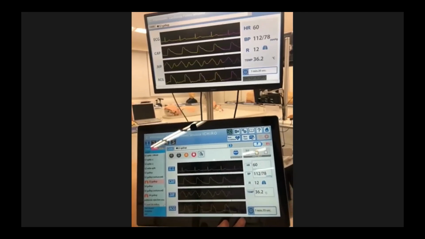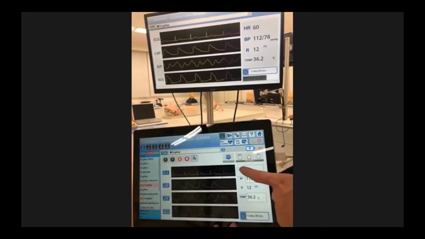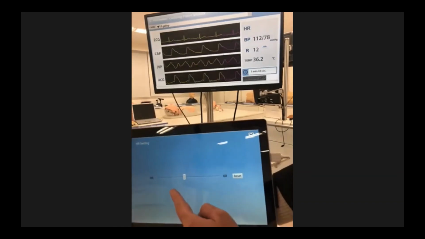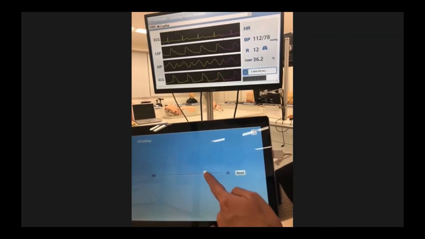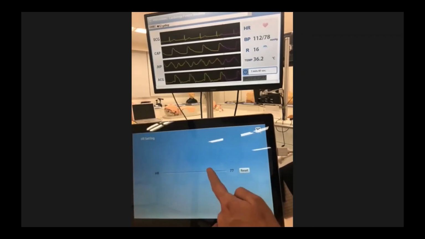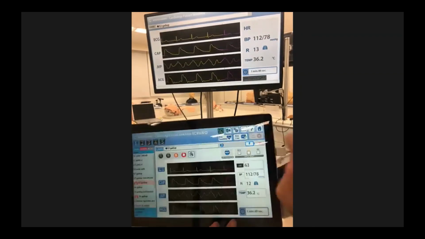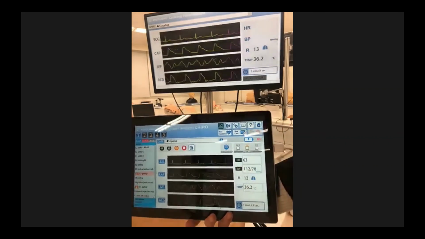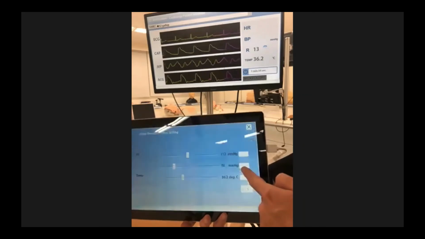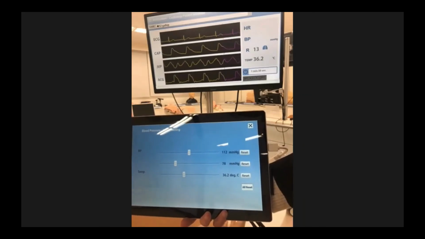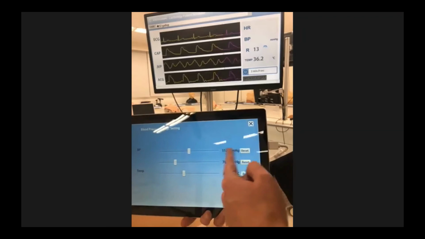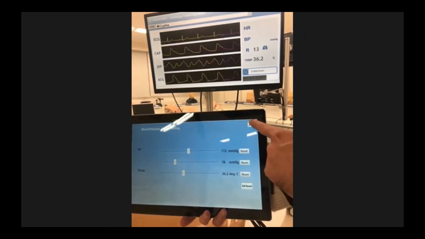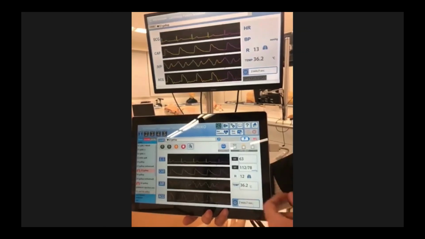And also, here we can change the heart rate just by sliding this bar very easily, and it will be immediately reflected. We cannot measure the blood pressure, but we can set it up as clinical data so that the students can consider it.